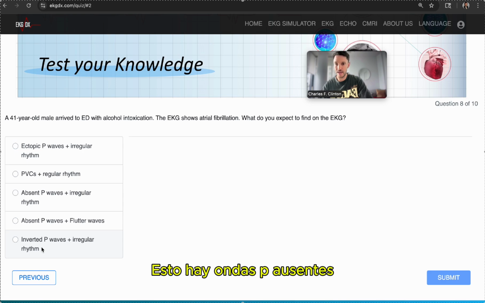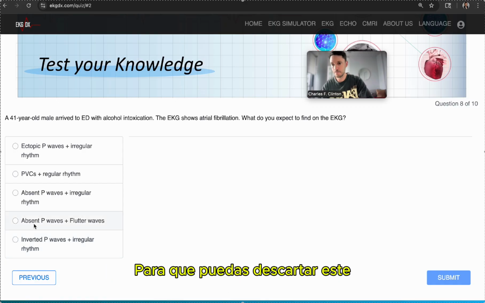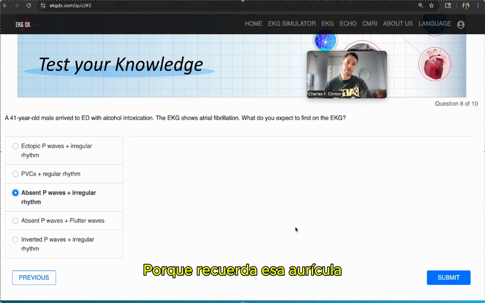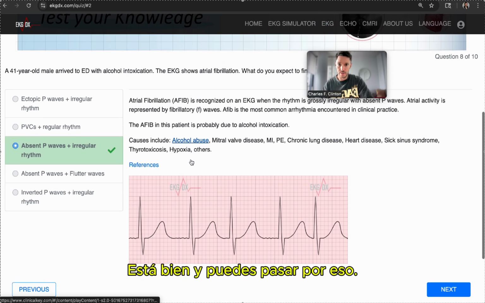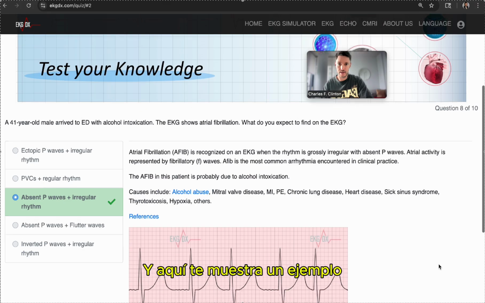There is absent P waves, so whatever it says there is a P wave is out of the picture. So you can rule this one out, you can rule this one out, you can rule this one out, and this is the right answer, because remember that atrial fibrillation is irregular rhythm without any P waves. And there you have the answer, okay? And you can go through it. You can see the other causes for atrial fibrillation, and here it shows you an example.